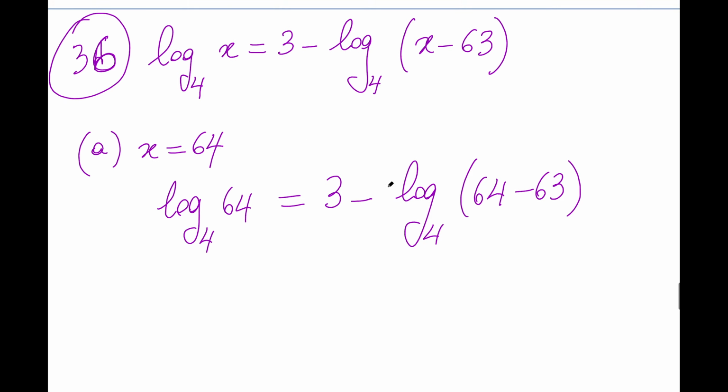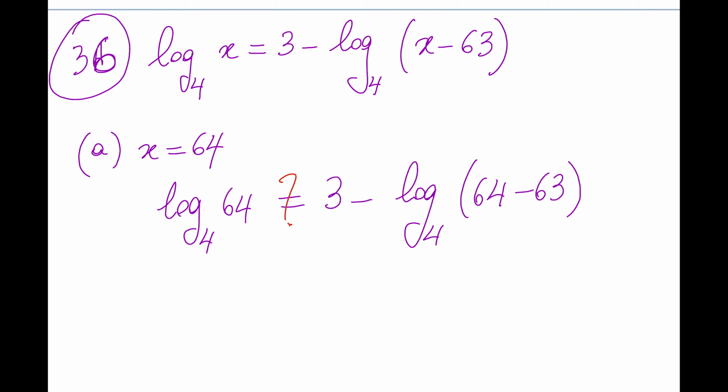So the question becomes, are these the same? To answer this, let's simplify the left-hand side and the right-hand side and see if they match. Let's start with the right-hand side. It's 3 minus log base 4 of 64 minus 63.